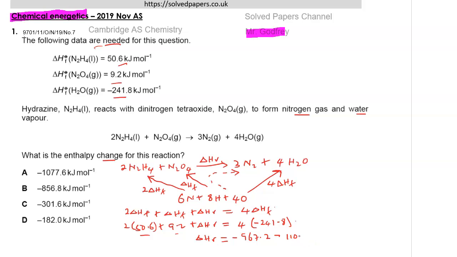Then when you subtract from both sides, minus and minus, you get minus 1077.6, and this is kilojoules per mole. Look at this, and you find that the answer is right here. Very well.